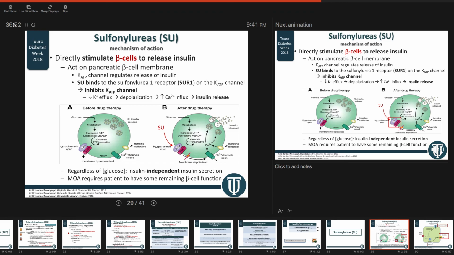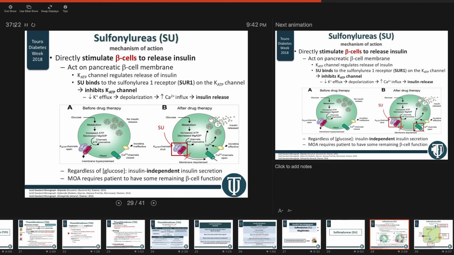Do you remember the function of calcium ion in the cell? They bind to the vesicles, which have a lot of insulin molecules in them, to fuse with the cell membrane. Once the vesicle is fused with the cell membrane, we will see a release of insulin.